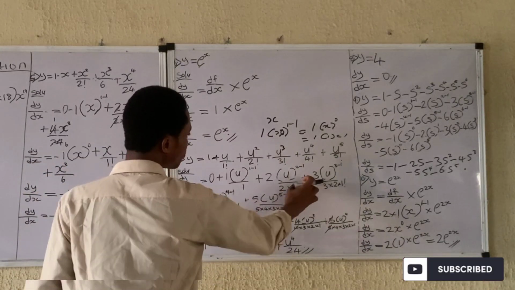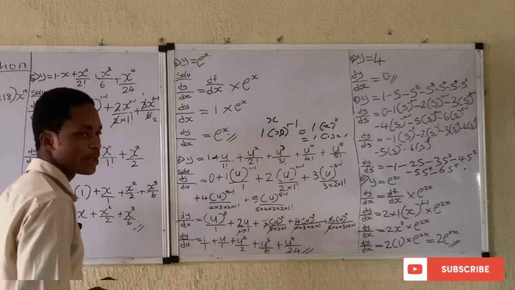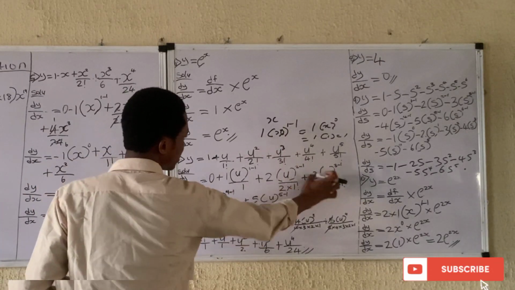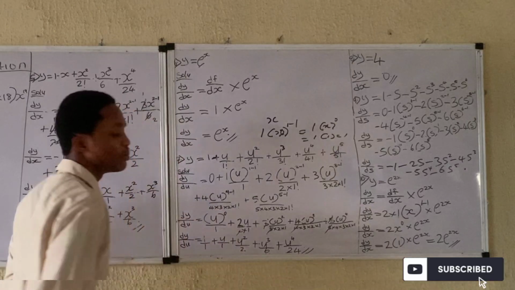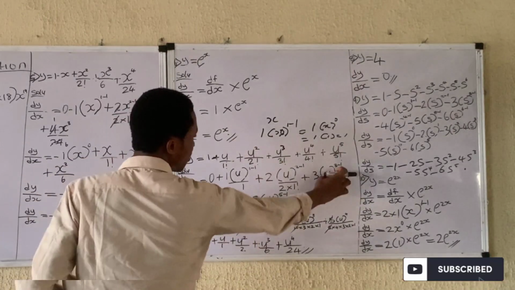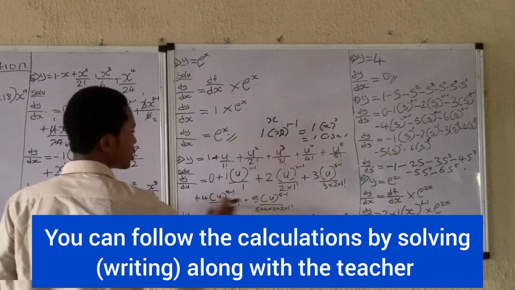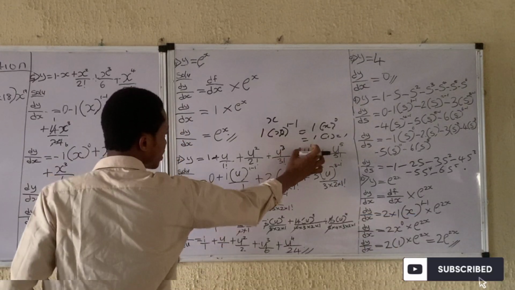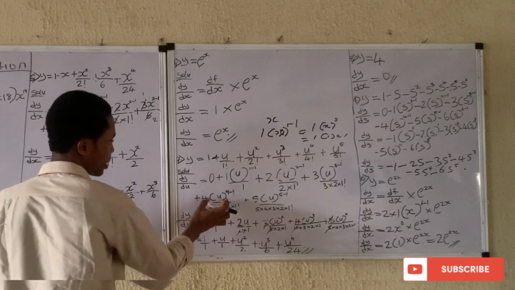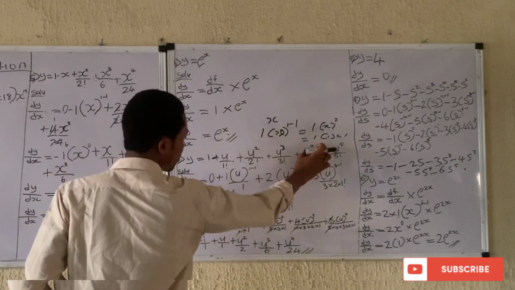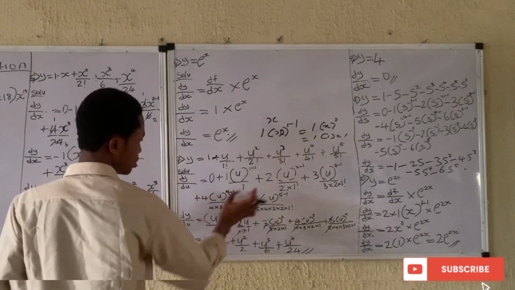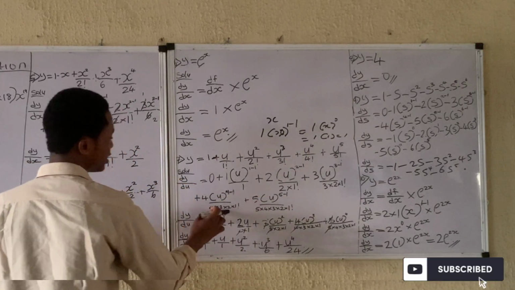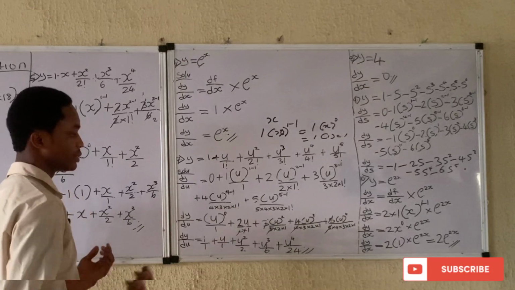Plus, differentiate the numerator u raised to the power 3. Bring the power down, which is 3, write the variable u, and remove 1 from the power, 3 minus 1. Plus, differentiate this one: bring down the power, which is 4, write the u, remove 1 from the power, 4 minus 1, all over 4 factorial. 4 factorial can also be written as 4 times 3 times 2 times 1.